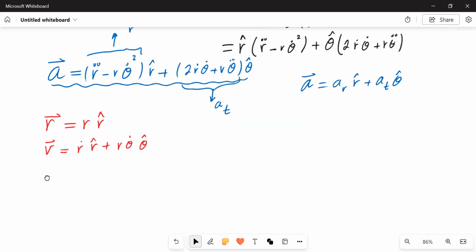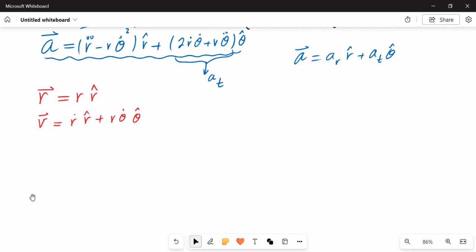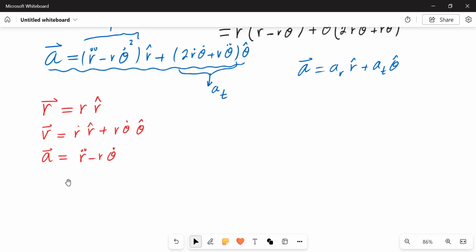And the acceleration vector is given by this expression, r double dot minus r theta dot squared r hat plus 2 r dot theta dot plus r theta double dot theta hat.